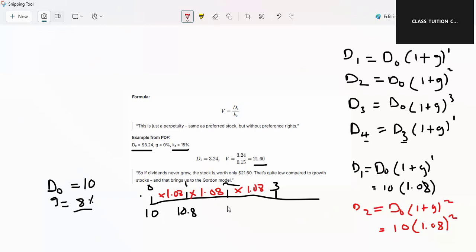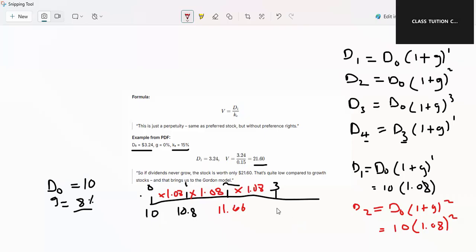You still get the same answer here: 11.664, so 11.66. Then to go to the next year, you just multiply by 1.08.